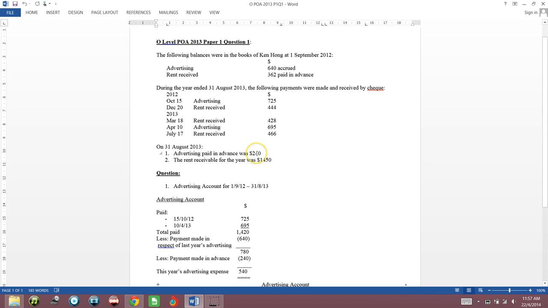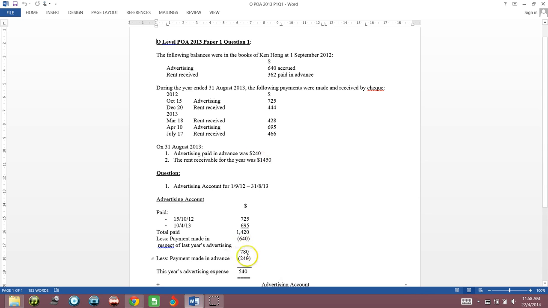That means part of it is next year's advertising expense, but he paid in advance, during the year. Included in this 695, 240 is actually in respect of next year's advertising expense.